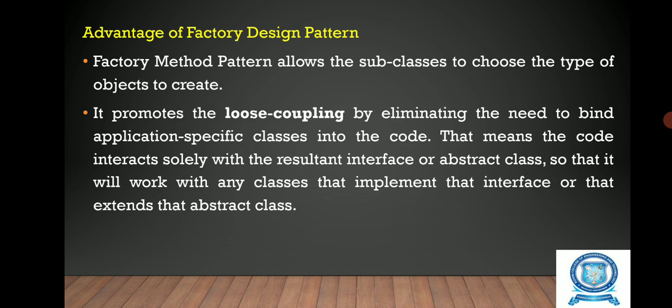The factory method pattern allows the subclasses to choose the type of objects to create. It promotes loose coupling by eliminating the need to bind application specific classes into code. That means the code interfaces solely with a resultant interface or abstract class, so that it will work with any class that implements the interface or that extends the abstract class.